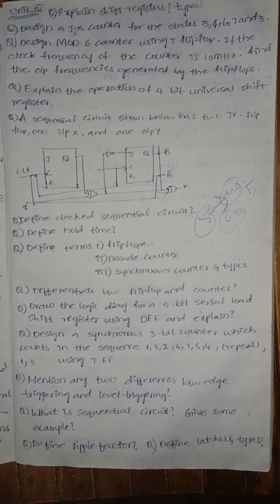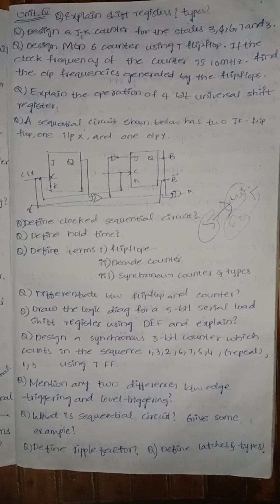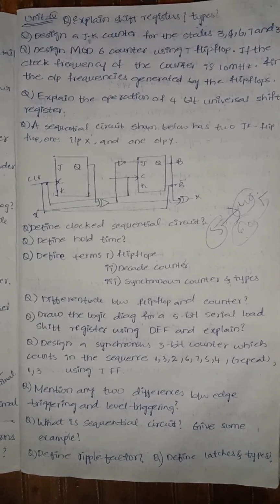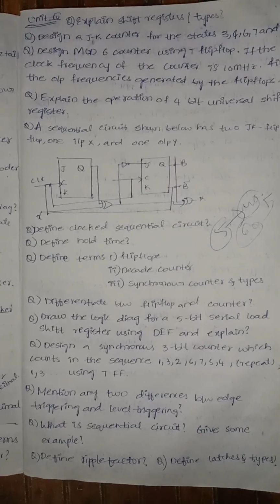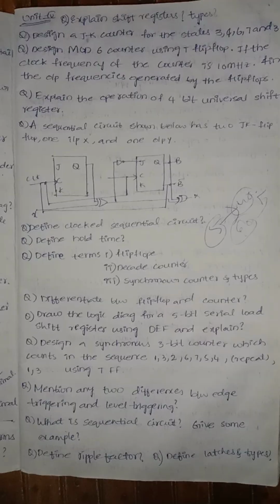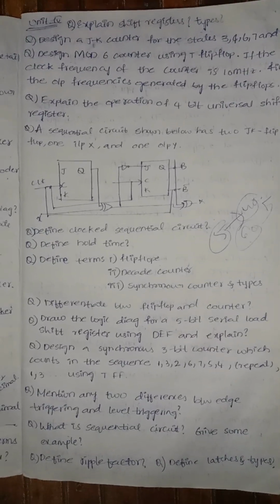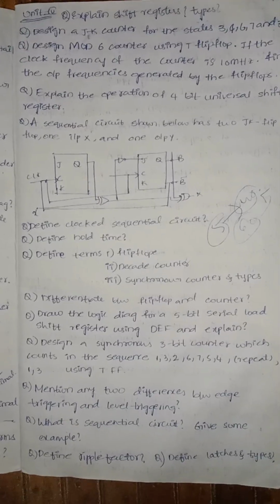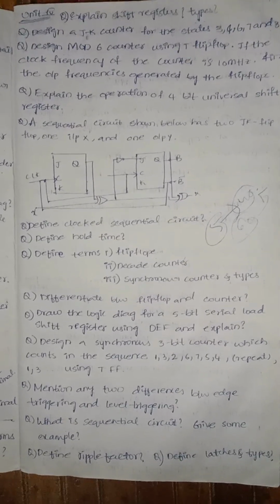For short questions they will ask like what is flip-flop, what is counter, what is synchronous counter, ripple factor, in which cases we use sequential circuit, what is level triggering, explain latches and types. These are the questions they will ask in the 4th chapter. It is somewhat of an effort-keeping chapter for scoring marks.